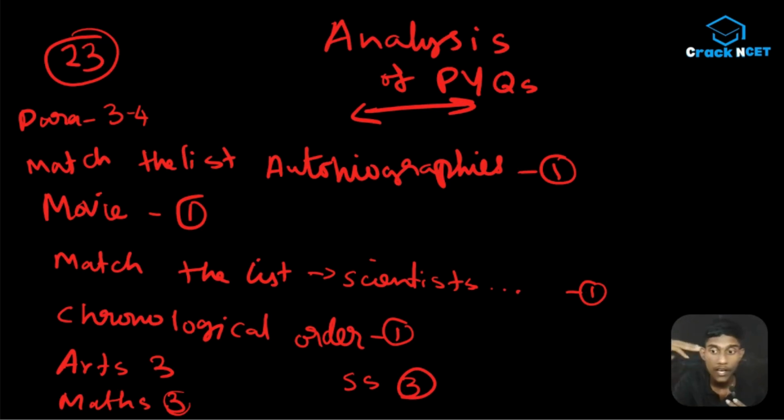If you are analyzing questions from the point of view of the questioner, the person who is making the questions, it will be really easy for you to answer them.